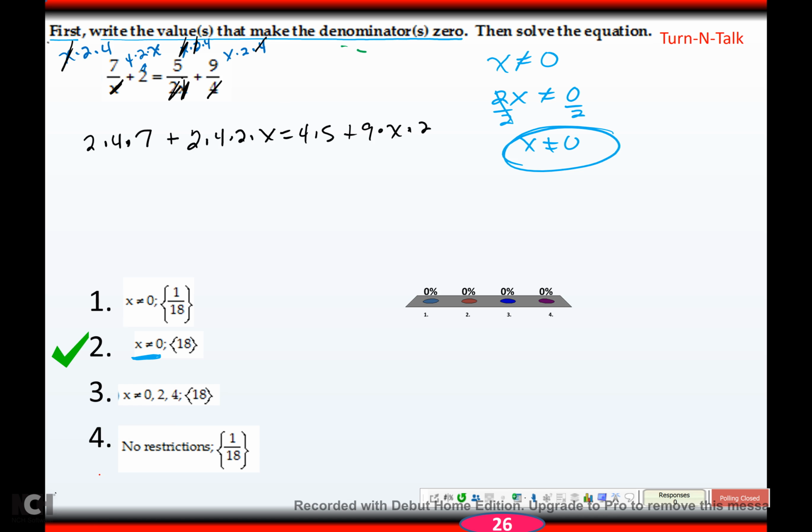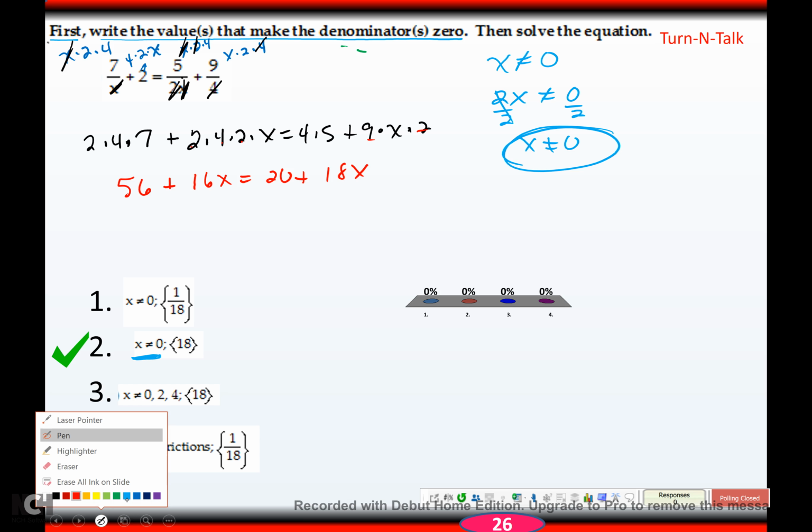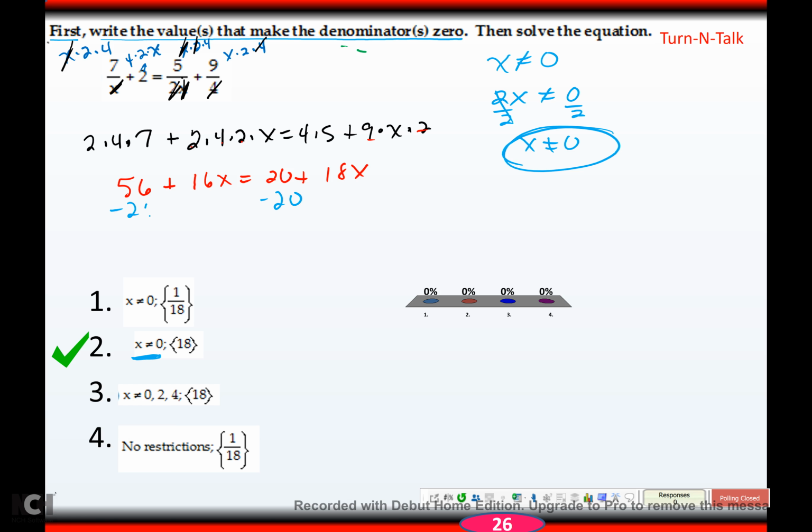So simplify. 2 times 4 times 7 is 56, plus 2 times 4 is 8 times 2 is 16x, equals 20, plus 9 times 2 is 18x. So if I solve this, I'm going to subtract 20, and I get 36 plus 16x equals 18x.